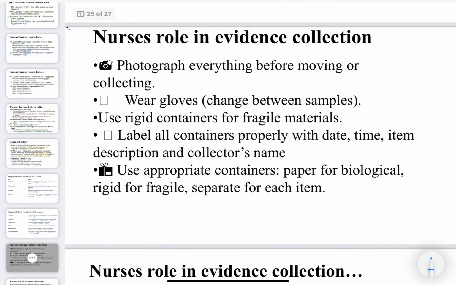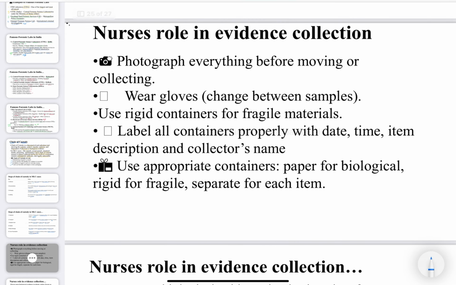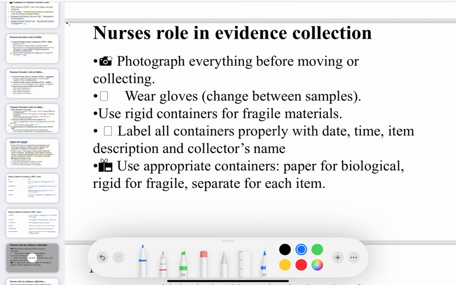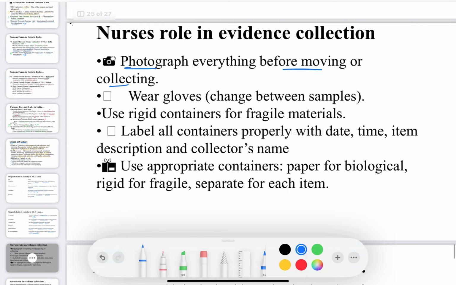After all this, we have to mainly understand the role of the nurse in evidence collection. Nurse's role: photograph everything before moving or collecting. Then wear gloves and change between samples.